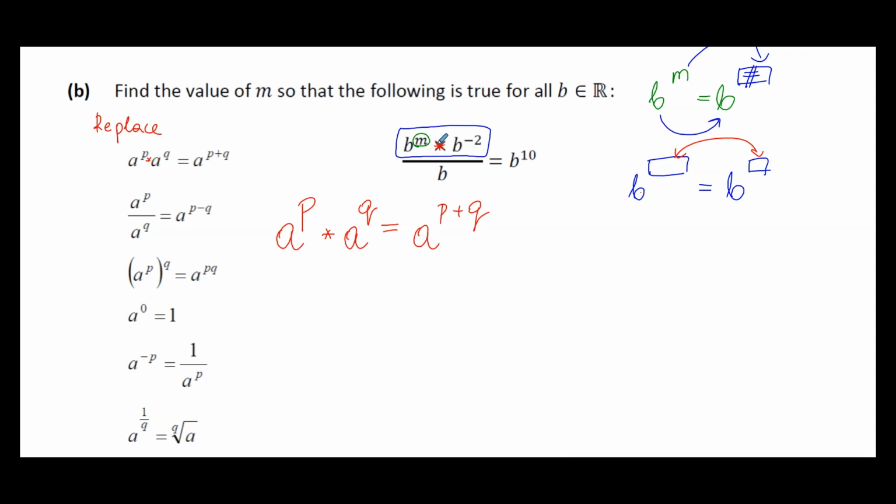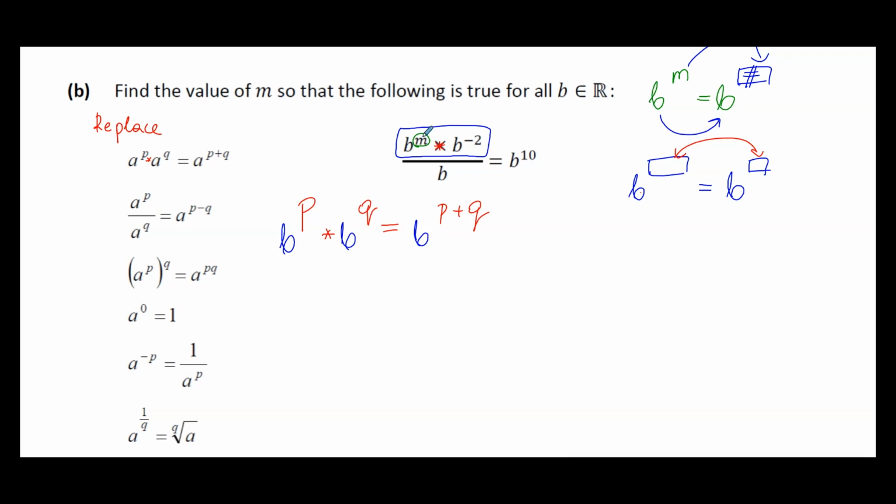What's my situation? What are my letters, my numbers? We can see we don't have a, we have b, isn't it? So let's replace a everywhere with b. If I remove these three a's and put b, because that's what I have, okay, that's the first change.